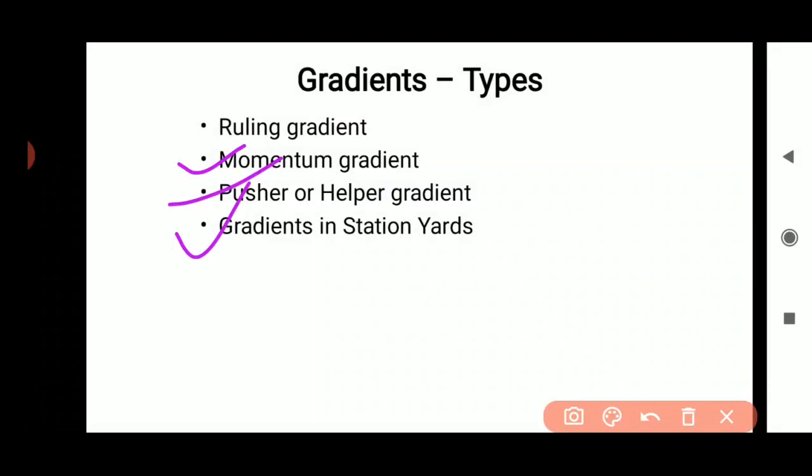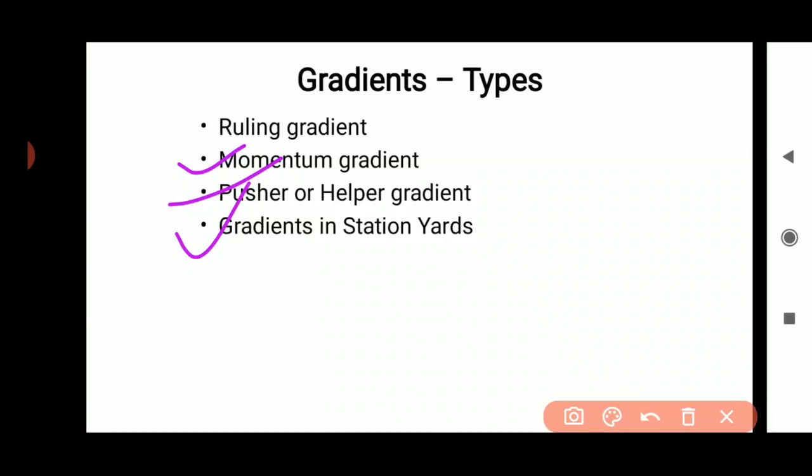Generally the gradient is provided in the railway track to provide a uniform rate of rise or fall as far as possible, to reach the various stations located at different elevations, and to reduce the cost of earthwork.